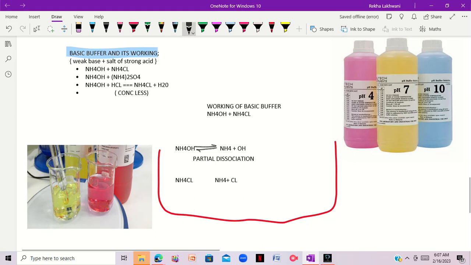Now there will be the common ion effect, like we have studied. Now please remember that video.